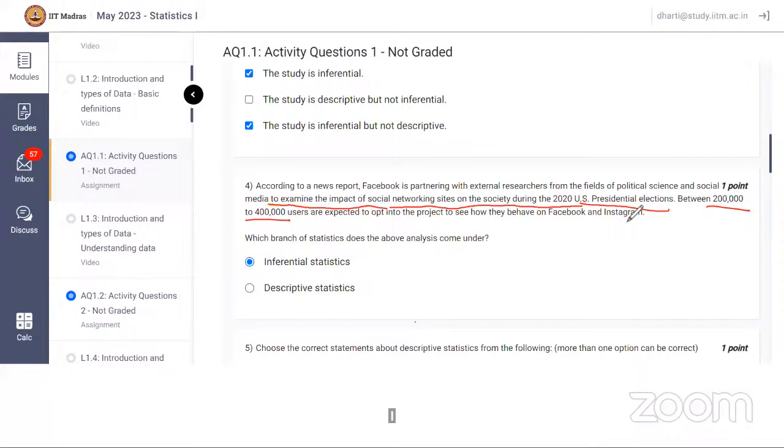For that, they have to collect some data. Obviously, it was not possible to collect data from each and every user. So they collected data from a limited number of users, let's say 2 lakh to 4 lakh, and found out how they are behaving on these platforms.